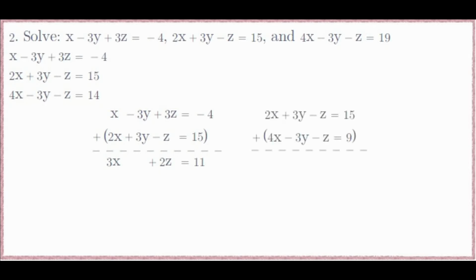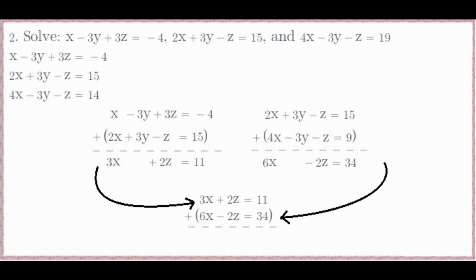Then we can pair 2x plus 3y minus z equals 15 with 4x minus 3y minus z equals 9 to get 6x minus 2z equals 34.